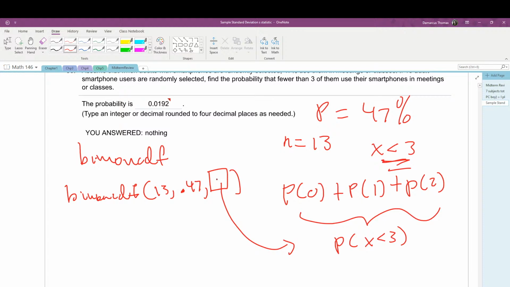So we put in everything fewer. So we would go from 2. I'd put in 2, which stands for 2, 1, and 0. At most 2 or fewer than 3, they mean the same thing mathematically.